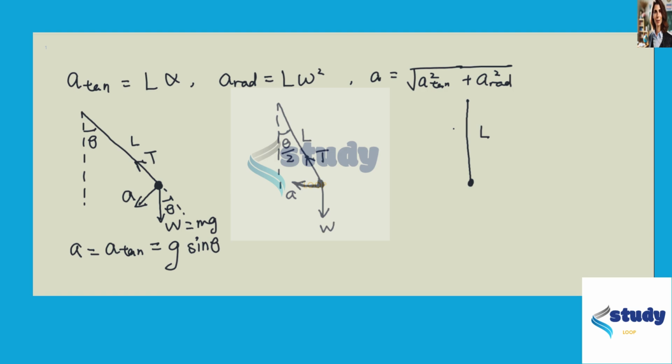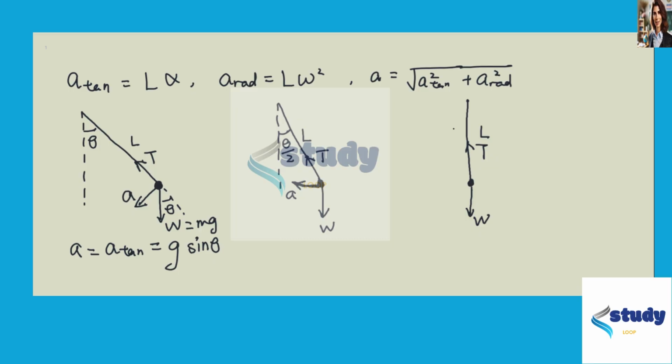The last question. Okay. So here we have weight, right? So we also have tension going up, right? So from question A, you can know that the tangential acceleration is g times sine theta. In situation 3, theta is 0.